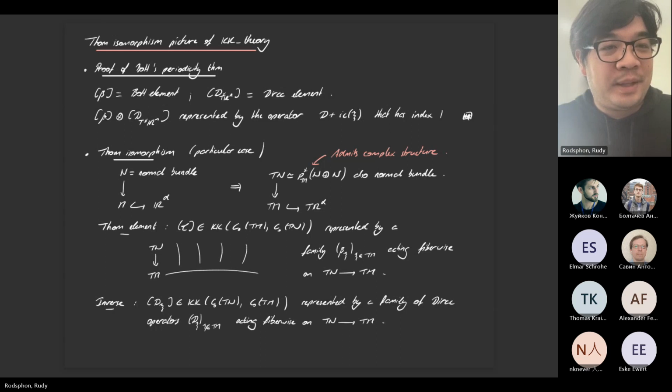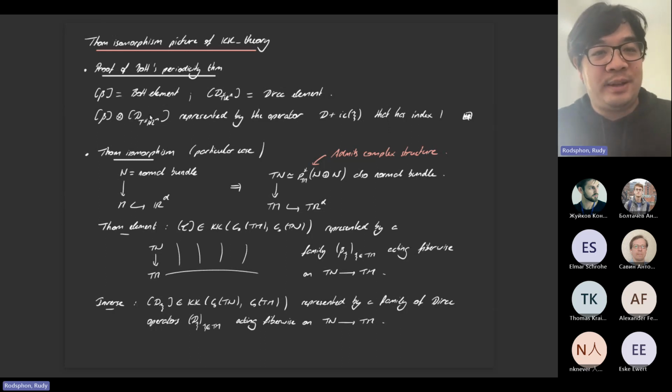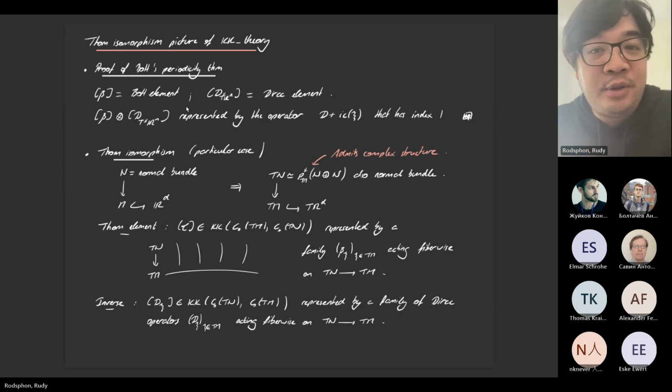Taking the product, we showed that normally this has to be the identity. One way to show that is that in KK, when you take the product, you can represent that by the operator D, the Dirac operator on R^2n, plus i times the Clifford multiplication, that was the symbol of the Dirac.